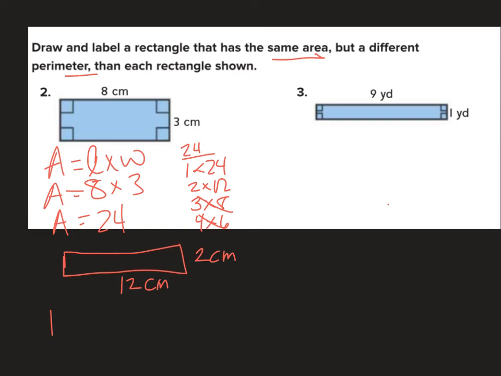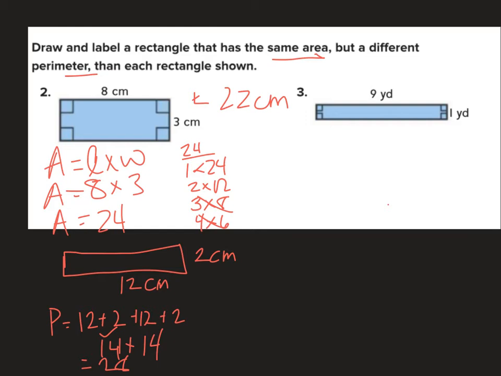I'm going to do 12 plus 2 plus 12 plus 2. 12 and 2 is 14, so I double 14 to get 28. Looking back to our last one, that perimeter was 22 centimeters, and now we're at 28 with a 12 by 2 rectangle.